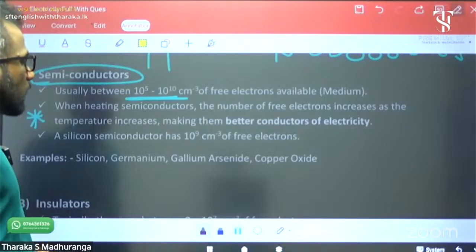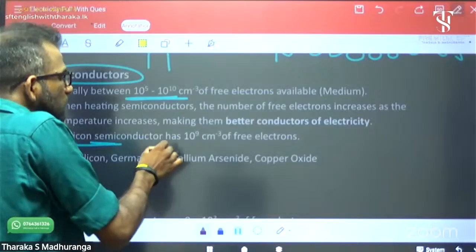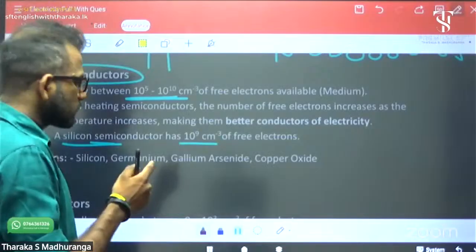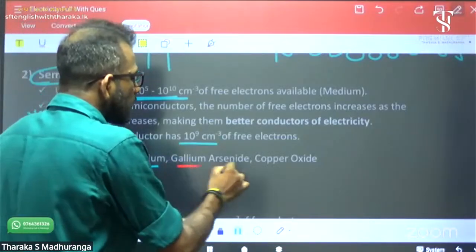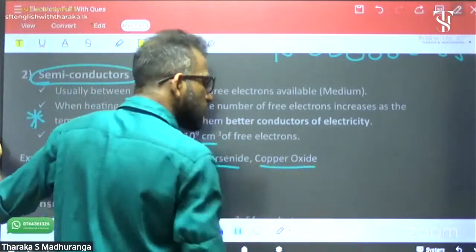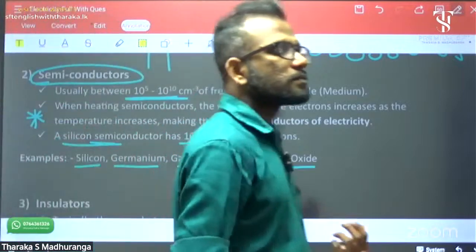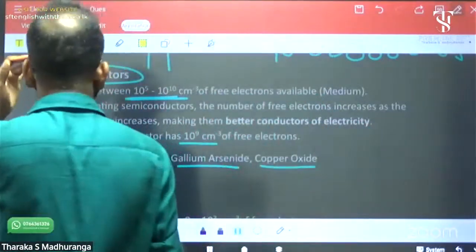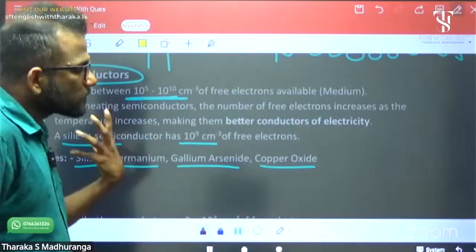Silicon is a semiconductor. Silicon is an example, with about 10 to the power 9 free electrons per cubic centimeter. Silicon, germanium, gallium arsenide and copper oxide are semiconductors. Remember, what are the examples of semiconductors?